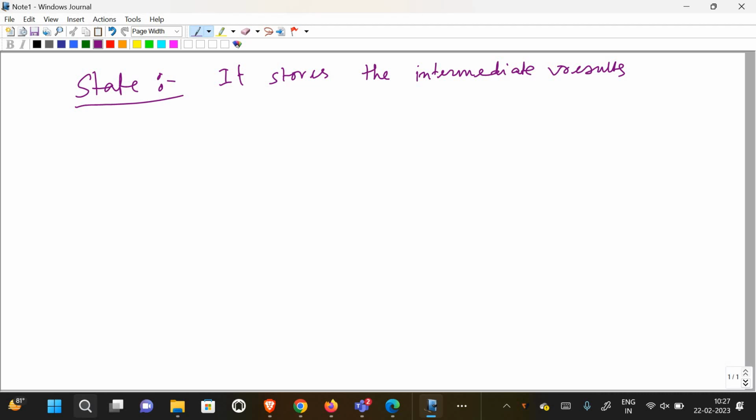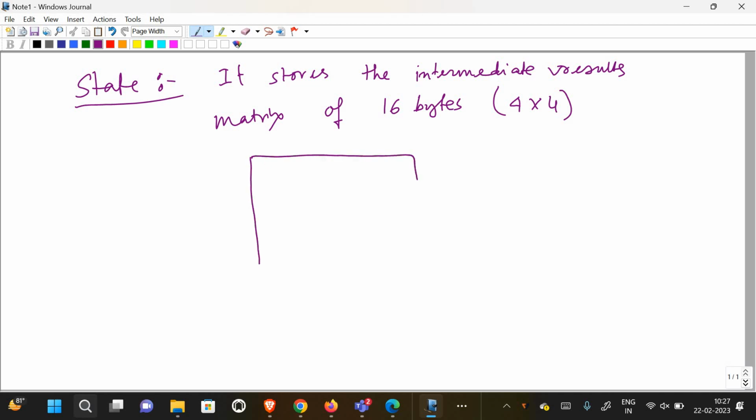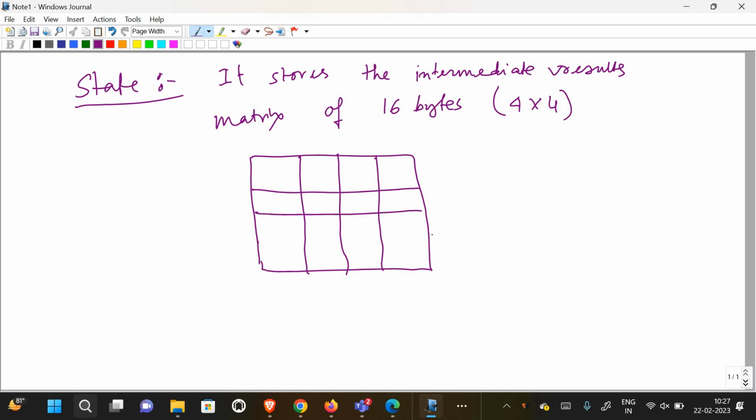In between steps will be called states, and that will be referred to by a matrix of 16 bytes, or a 4x4 matrix. So it will look something like this. The state will always be represented as this.